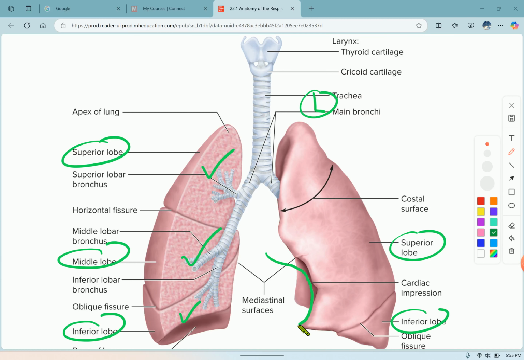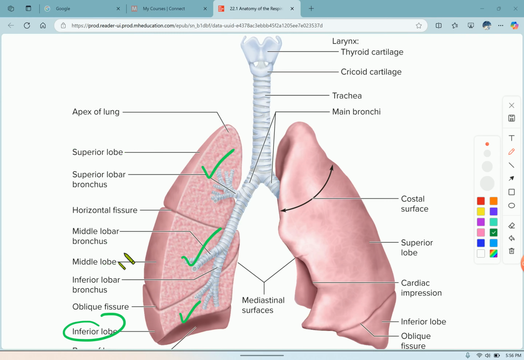Where the heart makes an indentation into the left lung, that's called a cardiac impression. Apex and base. Remember, apex is anything that comes to a point, and a base is anything that is broad and flat.